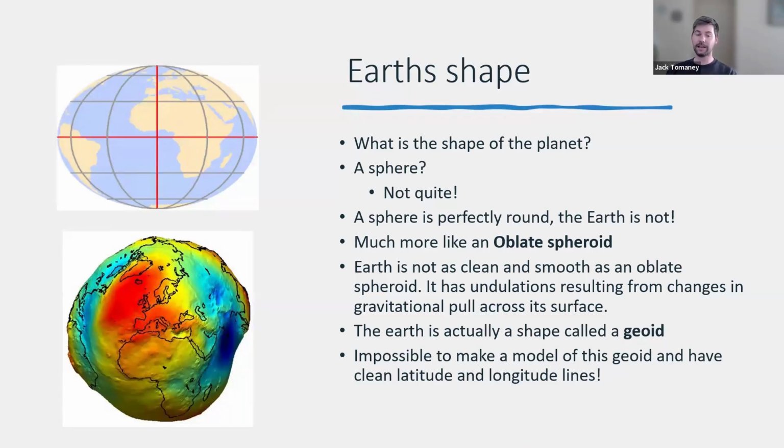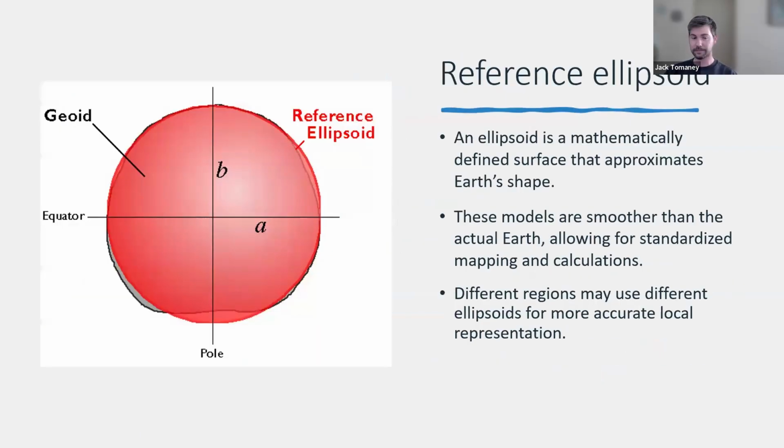It's also uneven due to variations in gravity and surface mass. I'm not going to explain that too much. But essentially, the Earth is not a nice sphere. It's more like a potato-y sphere shape. So it's not nice and clean. It's not a clean geometric shape. And this makes creating a perfectly accurate global framework more complicated.